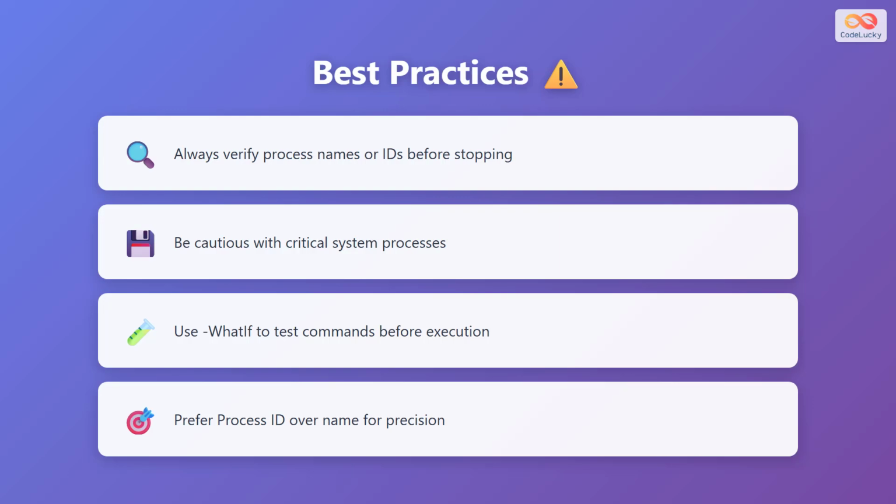Before running commands in production environments, use the -WhatIf parameter to test your commands and see exactly what will be affected. When precision matters, prefer using process IDs over names because IDs uniquely identify specific process instances, whereas names might match multiple processes. Finally, always save your work in other applications before running Stop-Process commands to prevent accidental data loss.